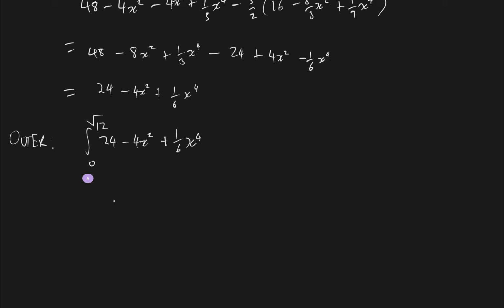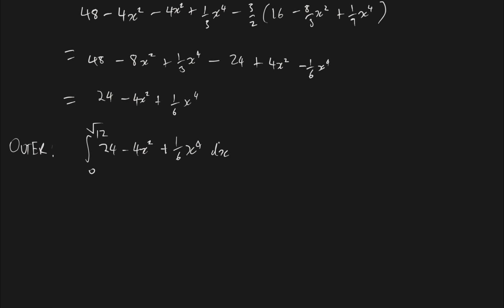Oh, and we're integrating with respect to x, obviously. So we get 24x minus 4 over 3 x cubed plus a 30th x to the 5. And we're evaluating that from 0 to root 12.